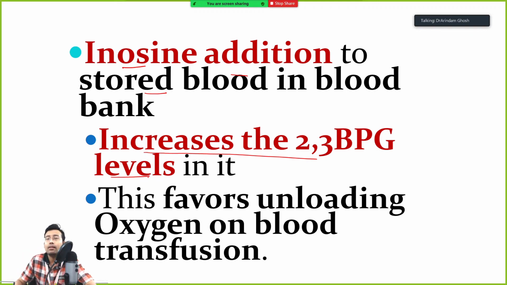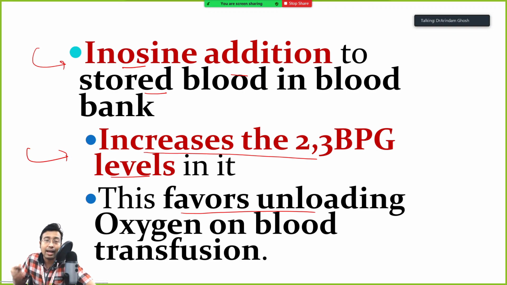Now we need to unload oxygen from the blood. For example, in COVID patients, there is no oxygen delivery to the tissues. Now we will add inosine, so it will increase the 2,3-BPG level in blood, and that can lead to more and more unloading of oxygen at the tissue level.